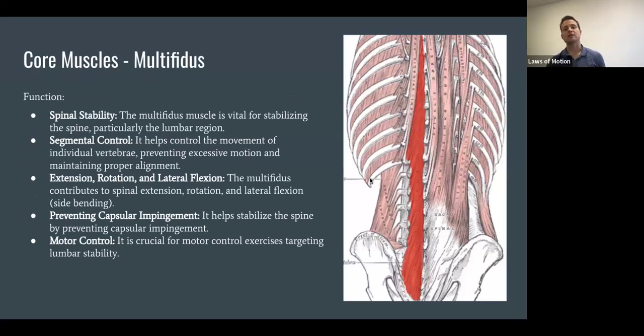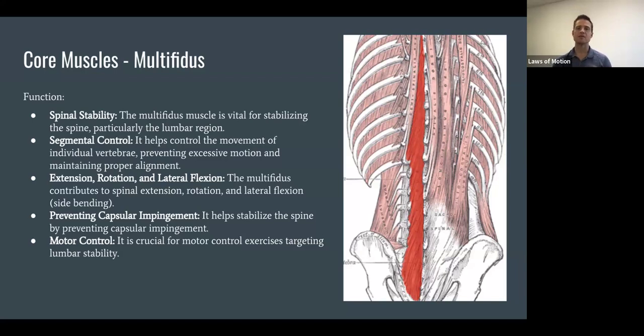So when we first look at the multifidus, this is a picture of the multifidus. This is the back of your spine here, a view from the back of the person. The multifidus goes from segment to segment and provides that intersegmental stability. So it's got that segmental control that we really need. In terms of movement, it has a small contribution in terms of extension, rotation, and side bending.